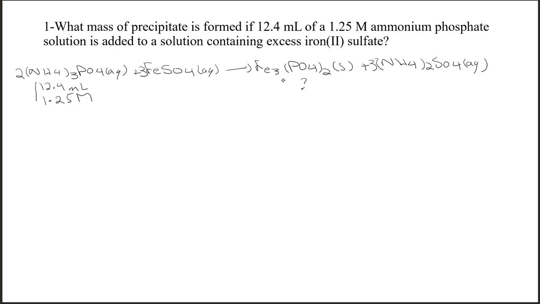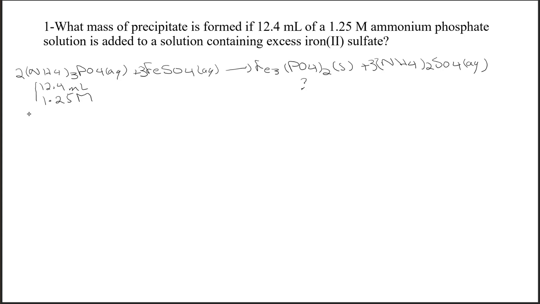In order to find the mass of our precipitate, we need to know the number of moles of precipitate that we'll be producing in this reaction. So we're gonna need to do a mole to mole ratio here to find out how many moles of iron 2 phosphate will be produced.